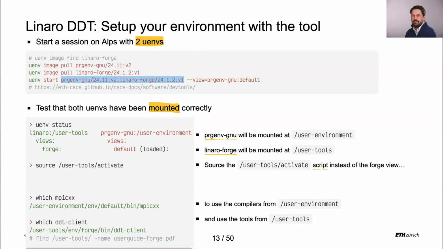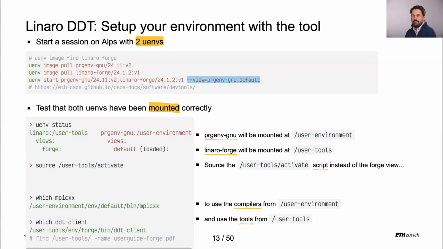The thing you should do is that you load only one view, because you want to keep using the compiler from the first user environment, and because we have also compilers in the tools user environment, you don't want to overwrite.